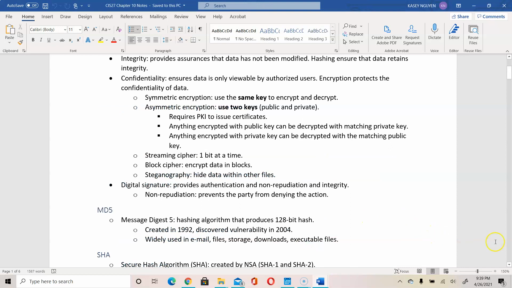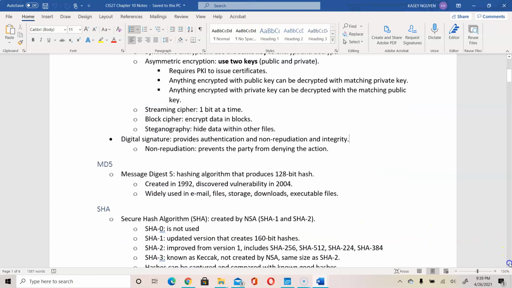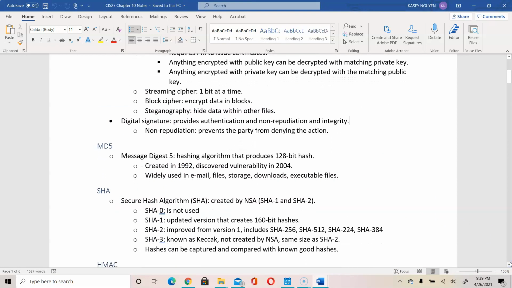We would then transition back to the notes, and in the next section it talks about SHA. The Secure Hash Algorithm, which stands for SHA, was created by the NSA for SHA version 1. So SHA-1 was created by the NSA along with SHA version 2, or SHA-2. The first initial version was version 0.